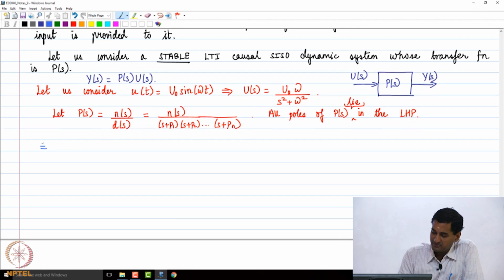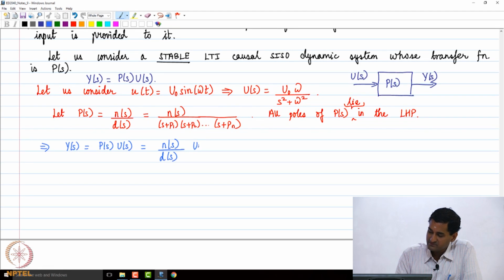So, let us now process this particular equation. This implies that y of s is equal to P of s times u of s. That is going to be equal to n of s divided by d of s, times u naught omega divided by s squared plus omega square, correct.